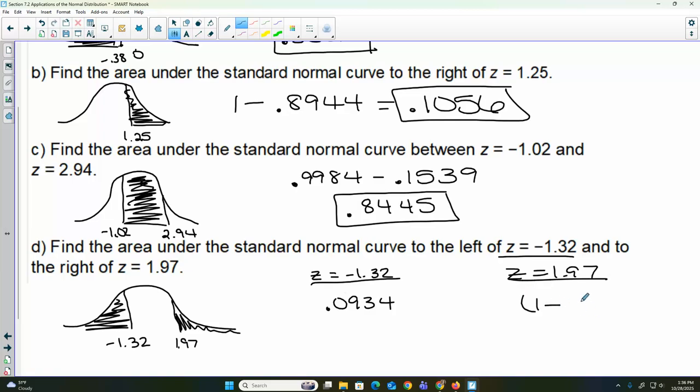Okay, so I have to do 1 minus 1.97 is... and I want the total area, so I'm just adding those two things together. So what does that give us? Is this okay?